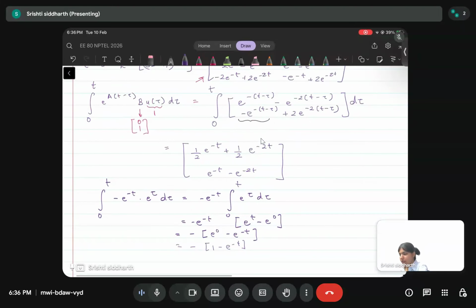Similarly, you can compute the integration of other terms. There are four terms. These are the same, this and this.